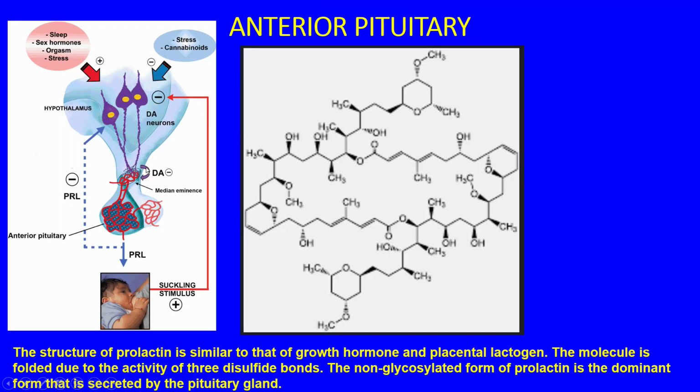As you can see here, we have the lactotrophs releasing prolactin. It will feed back in a negative sense to dopaminergic neurons. The suckling stimulus is also acting on dopamine neurons.